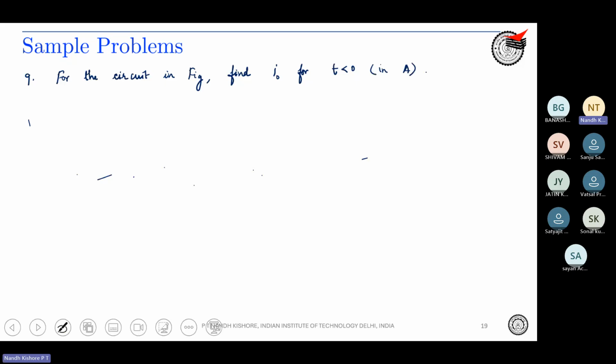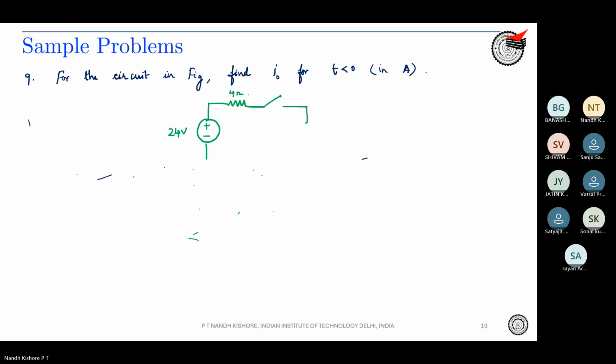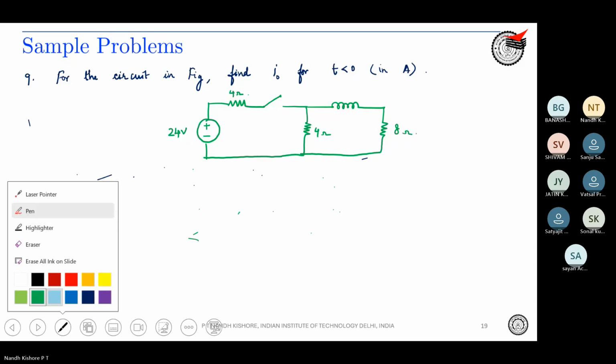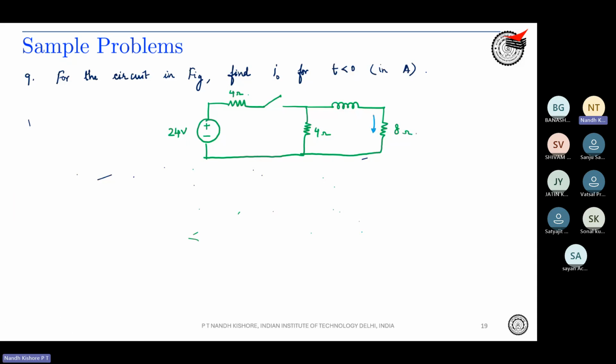Okay, so what is the circuit? The circuit is that they have defined that this is your I naught.